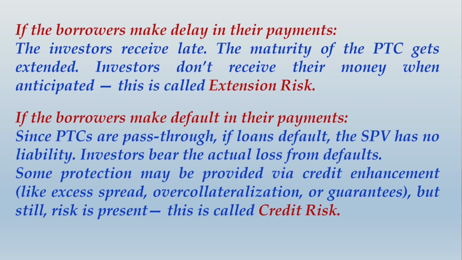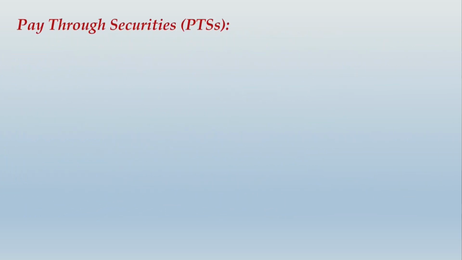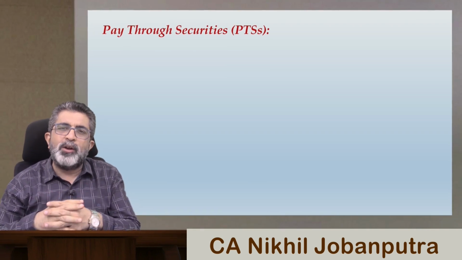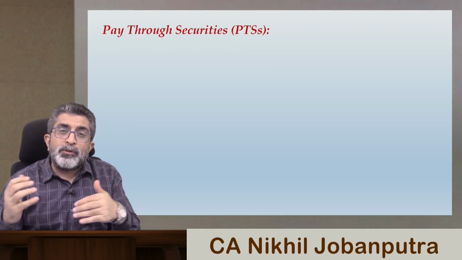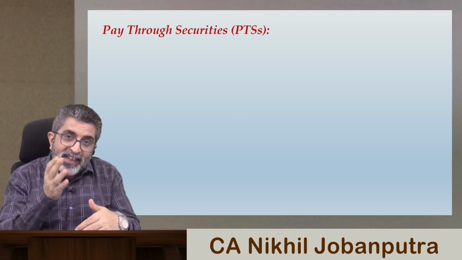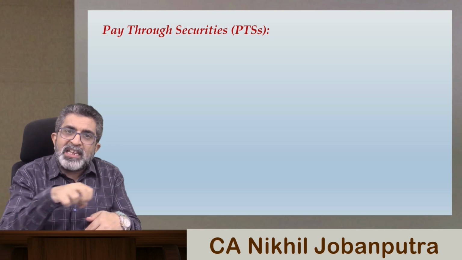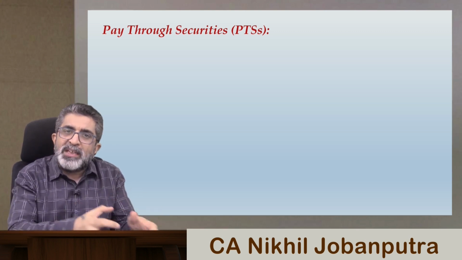Alright friends, once you have completed this, let us move ahead and talk about the other securities which are pay-through securities. So let me first explain this whole thing and then I'll give you the required notes. Pay through means the SPV is going to make payments to the investors through the money collected by it from the asset pool.